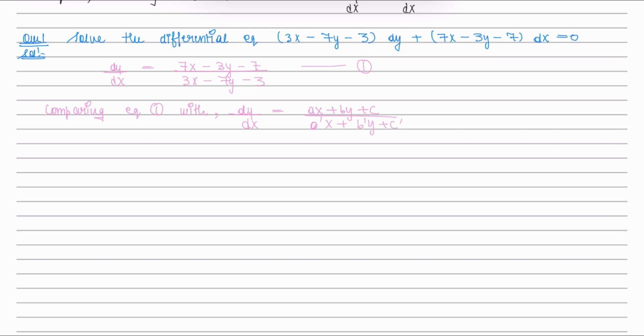From here, the value of a upon a dash is equals to minus 7 by 3, and the value of b upon b dash is equals to minus 3 by 7. Clearly, they both are not same.